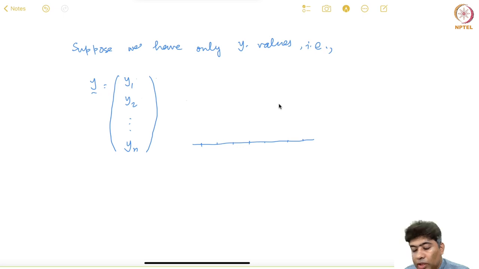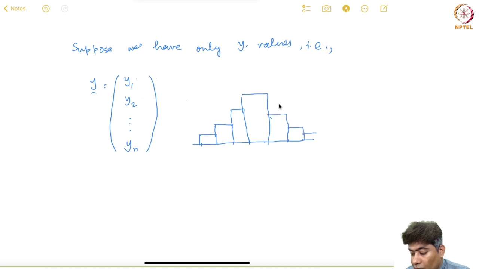and then for each bin, how many samples we see will be the frequency of that bin, and we generally draw a histogram out of that.